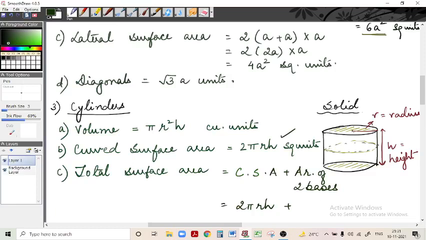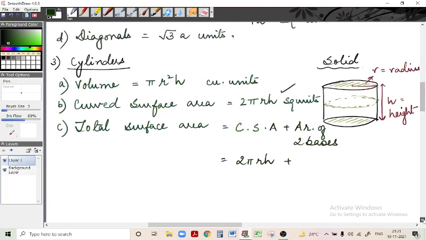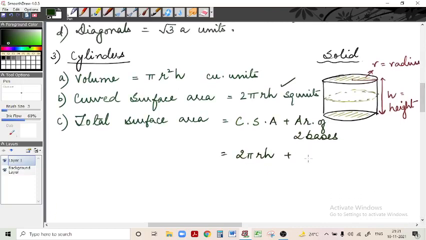These bases are in the shape of a circle, and we all have learned that a circle is a 2D figure and the area of a circle is pi r square. So this is pi r square. Either we can keep our formula as it is, or we can take something common.